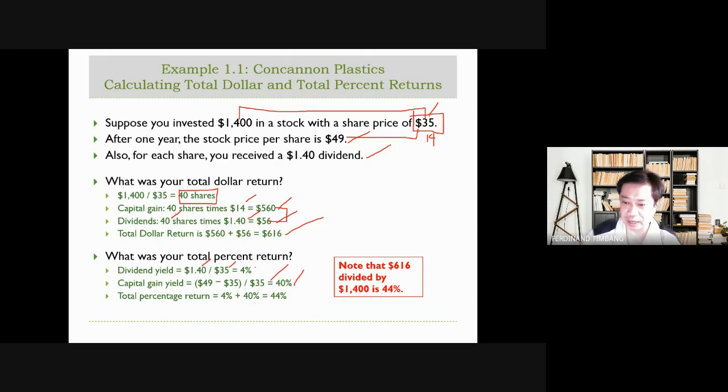So simply adding these two, you have the total percentage of 44%. Or if you want, you can use the 616 divided by the 1,400 investment. So you get the 44%, which is the same as this one. Pareho lang siya.